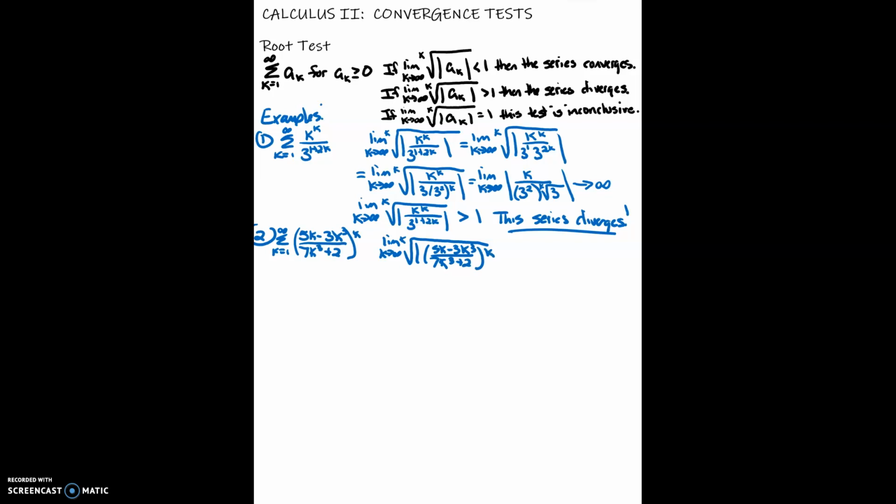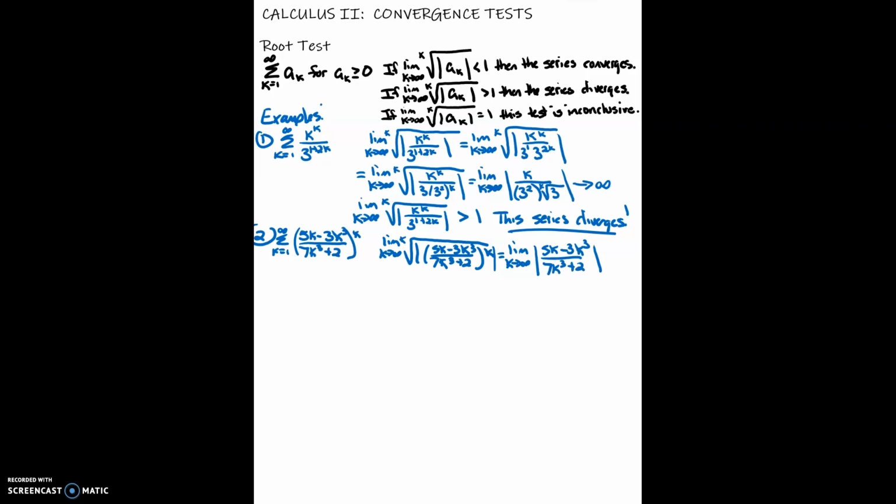All right, lots to write down, but it's not so difficult. Now in this case, I have k as an index, k as an exponent. Those undo each other. And so we end up with just taking the limit of the absolute value of 5k minus 3k cubed over 7k cubed plus 2.